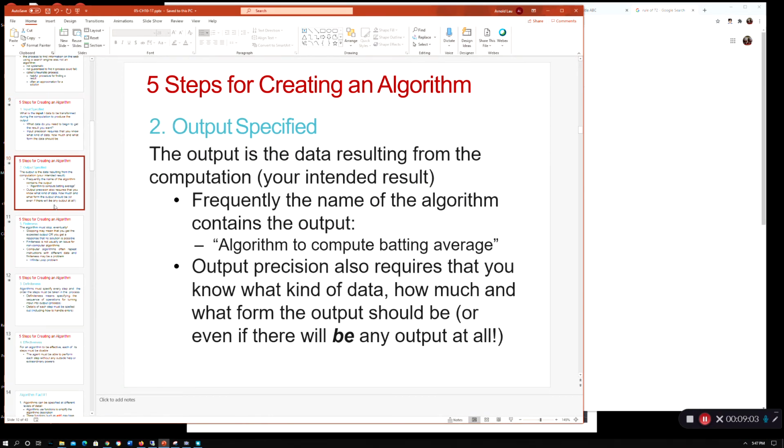Then number two, you're going to have an output. What is it that you're shooting for? Like in the earlier slides, I want a piece of cake, or a whole cake coming out. Here we're saying an algorithm to calculate a batting average. I feed in some numbers, and I'm going to come out with an average. That's the output. You want some sort of output.